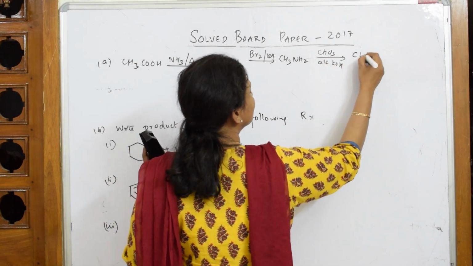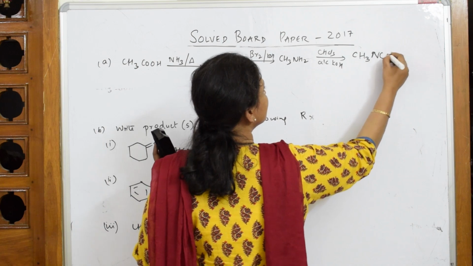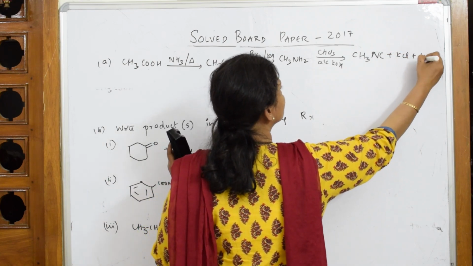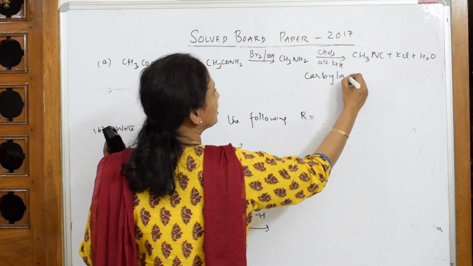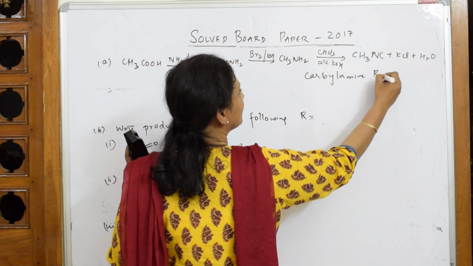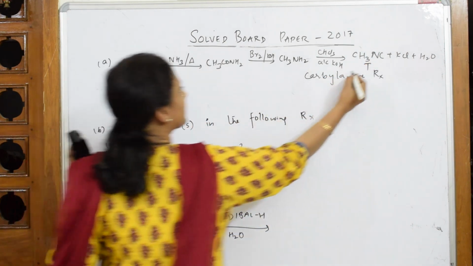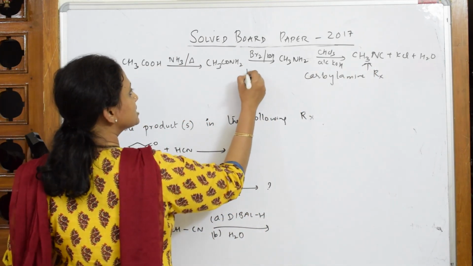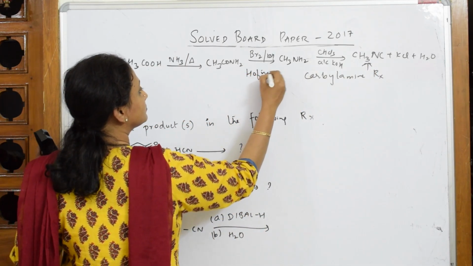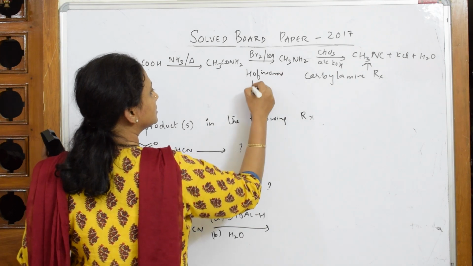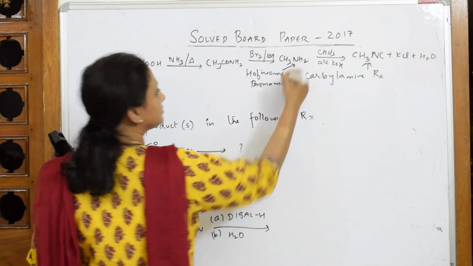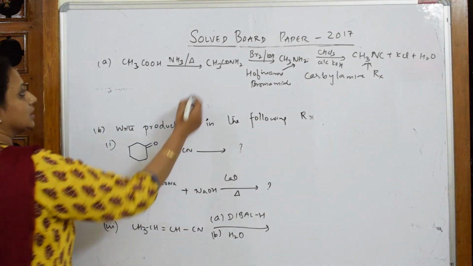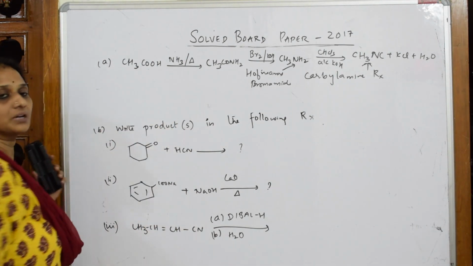What do I get? I get isocyanide plus KCl plus water. This is your carbylamine reaction where you get isocyanides. This is your Hofmann bromamide reaction where you get primary amine. This is done.